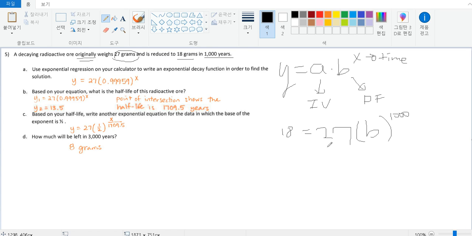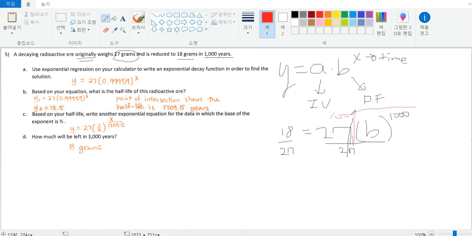The first step is to divide both sides by 27, and the 27 cancels. Now, to get rid of this 1,000 power on b, we want to take the square root, not square root, the 1,000th root on both sides.